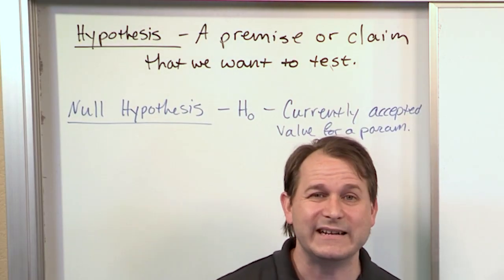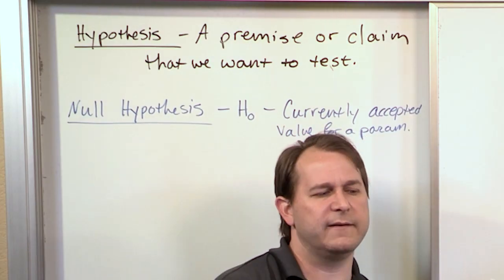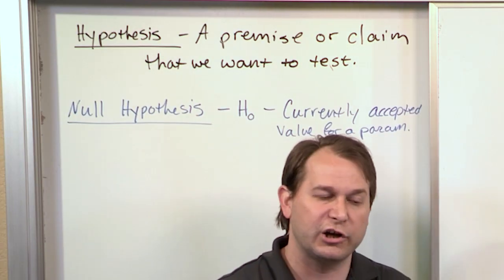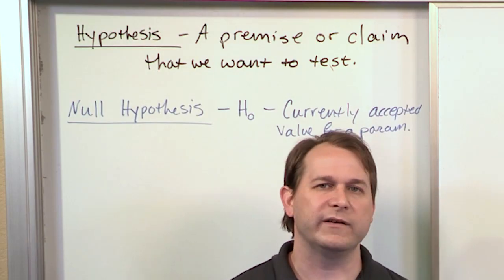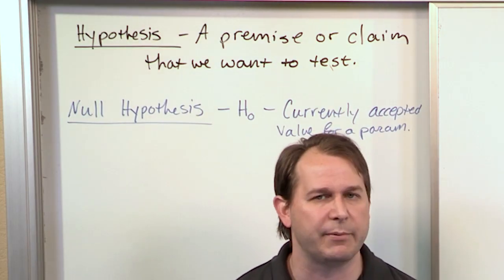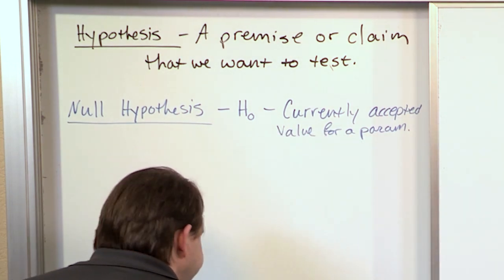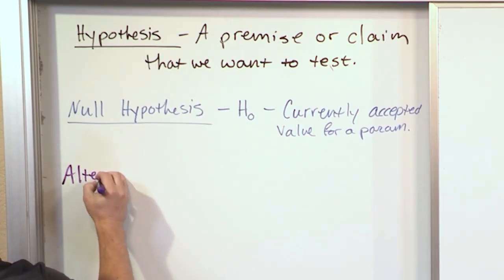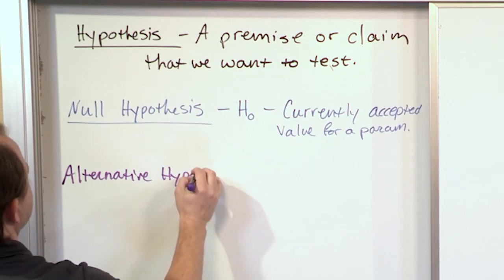Maybe there's some previous studies out there that say that the birth weight of humans is between this and this. That's the currently accepted thing. So we would typically call that H naught. That's the currently accepted hypothesis. But generally, some new guy comes along and wants to challenge that, and they believe that that's not true. So they come up with an alternative hypothesis that they want to test, okay? And we call that the alternative hypothesis.